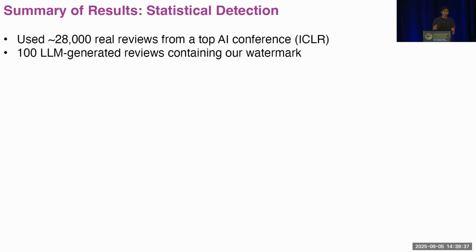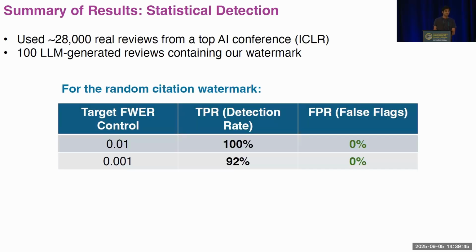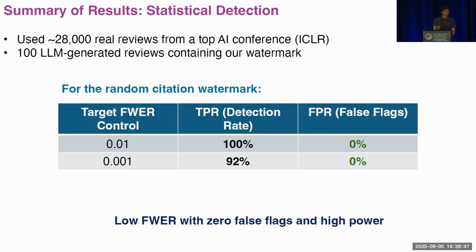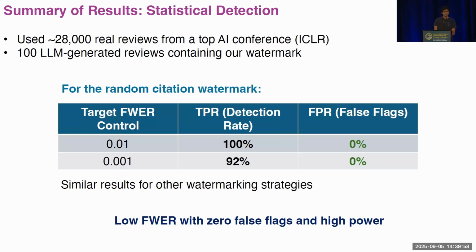So ideally, what we would want is to flag all these 100 LLM-generated reviews and not flag any of these 28,000 real reviews. And so for the random citation watermark here in this table, we do show that we can achieve a low family-wise error rate with 0 false flags and high power. And we do have similar results for other watermarking strategies as well.